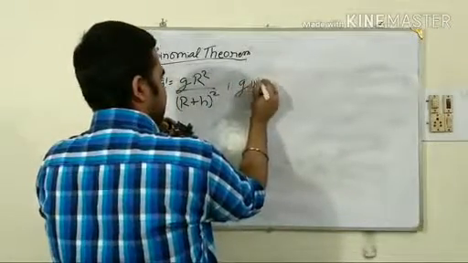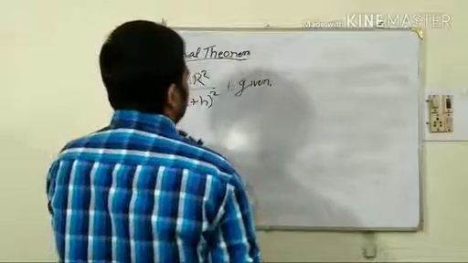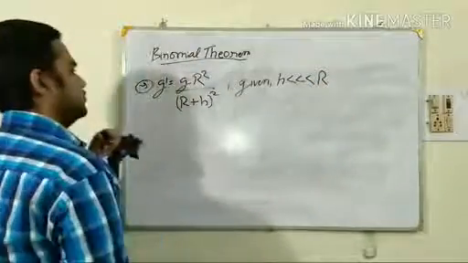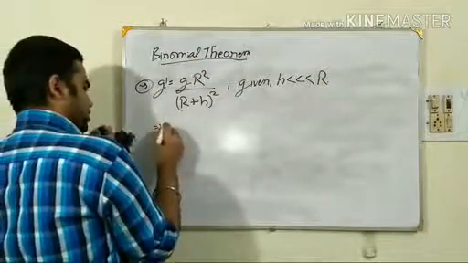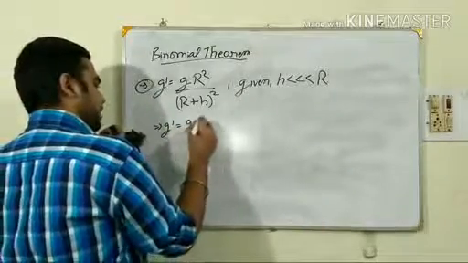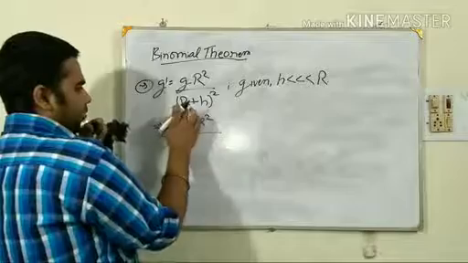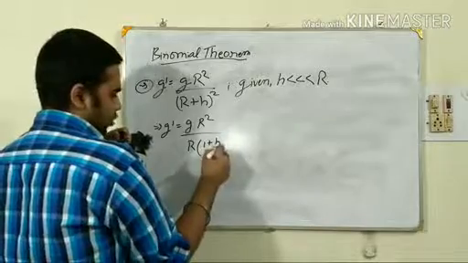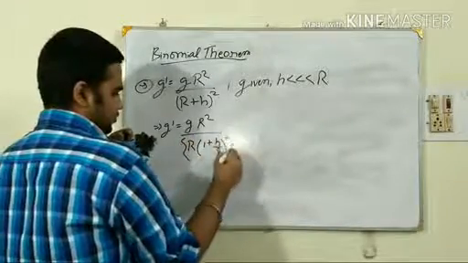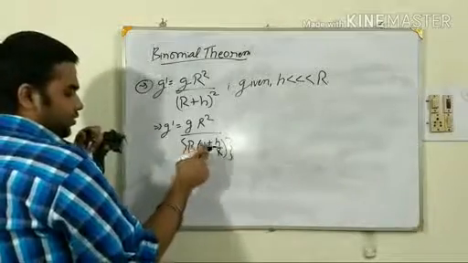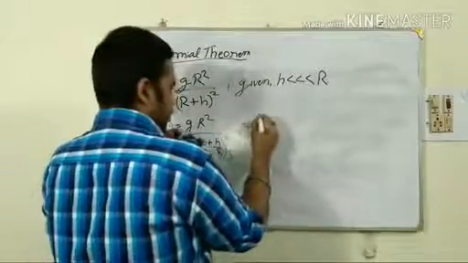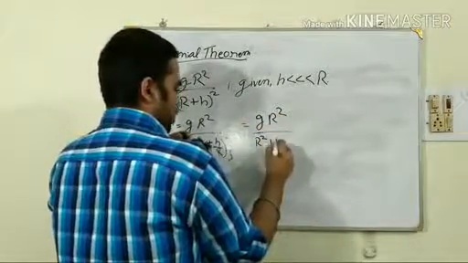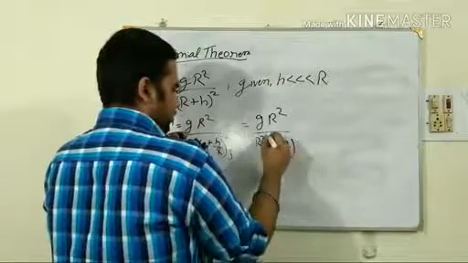Given h is very less than R. Now g dash is equal to g capital R square, taking R common from this expression, R into 1 plus h upon R whole square, which is g capital R square upon capital R square into 1 plus h upon R whole square.